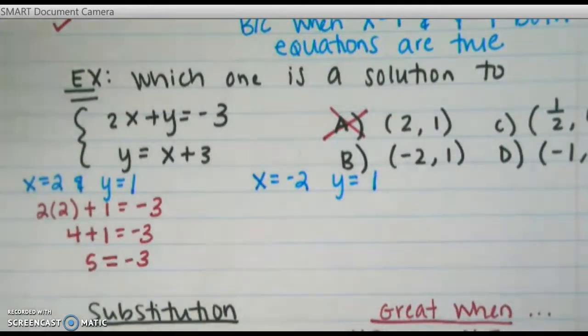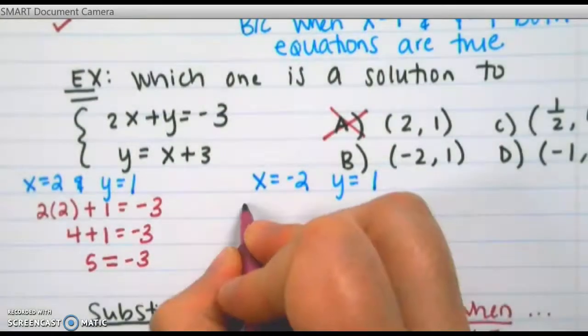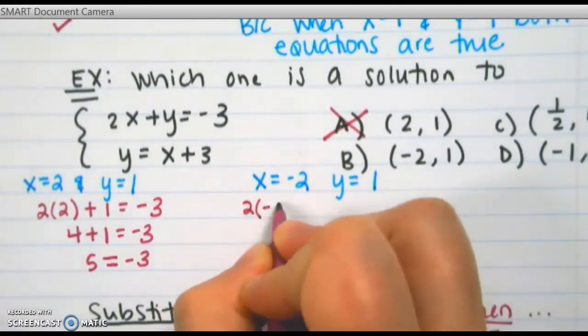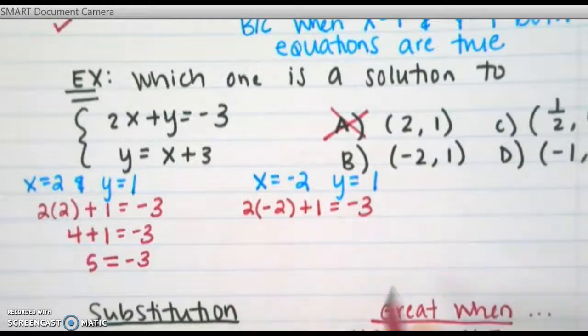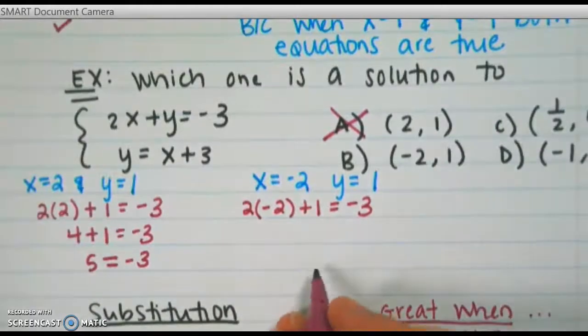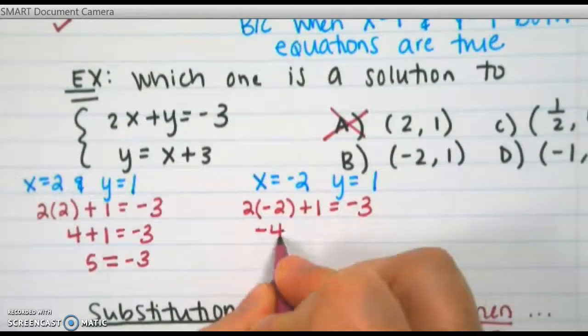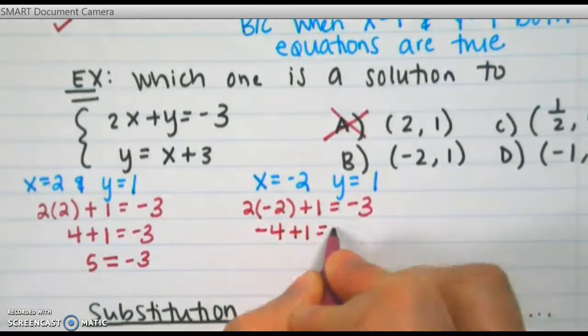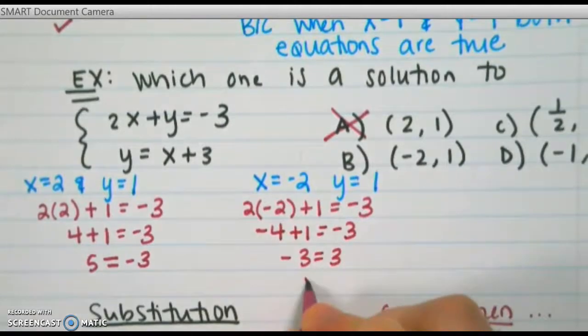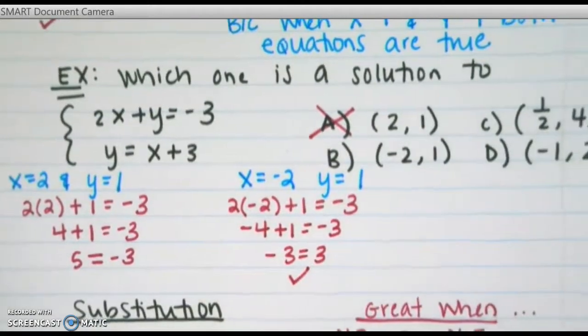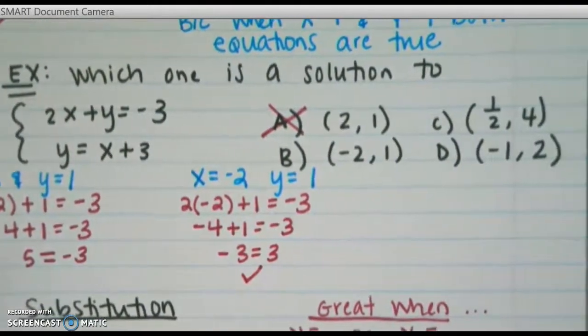So let's check that first line again with these two new numbers. So when I plug in negative 2 for x and 1 for y, we're going to check and see if this works out. So negative 4 plus 1 is negative 3. So far B is checking out.